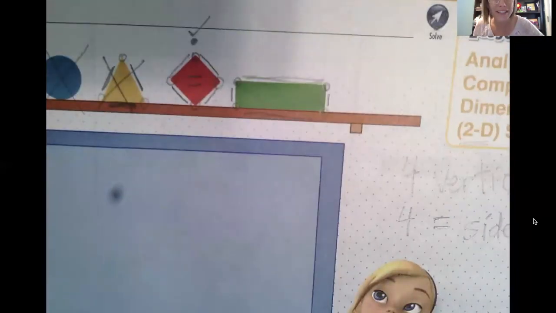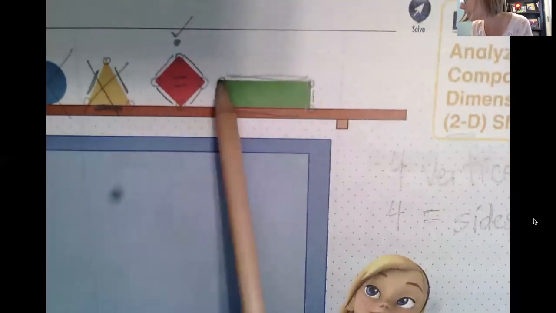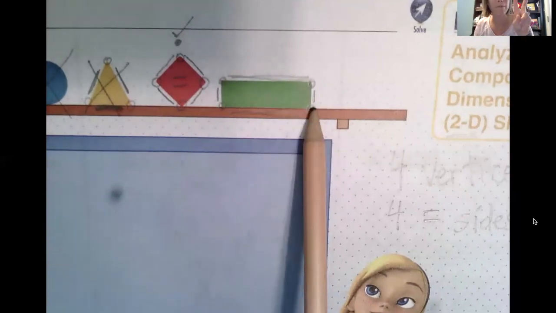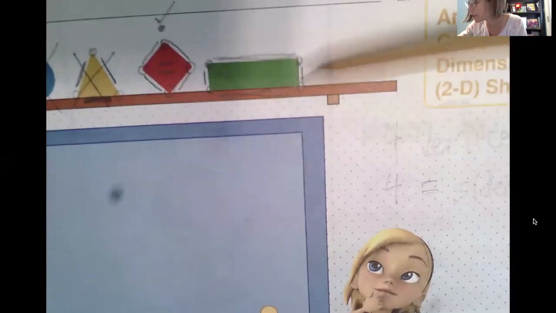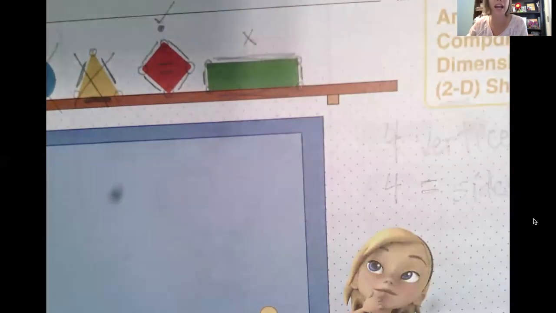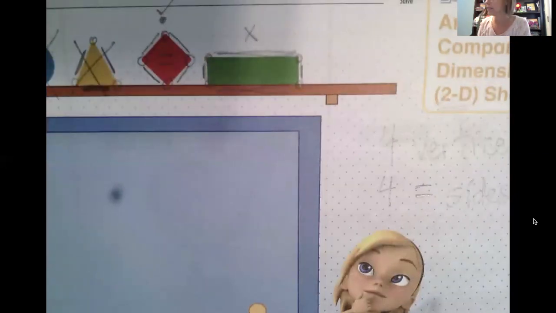It does have 4 sides, but are all the sides the same? 2 of them are long. This one is long. This one is long. And 2 of them are short. Short, short. It cannot be the rectangle because the rectangle does not have 4 equal sides.